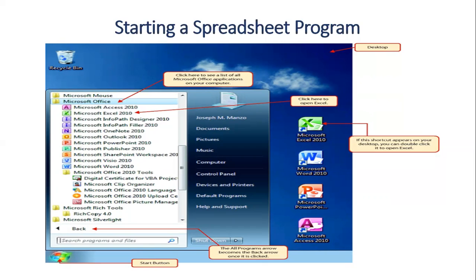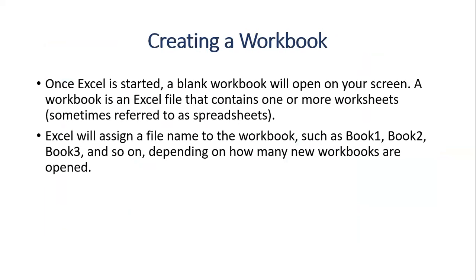Then you click to open Excel. Now, if a shortcut appears on your desktop, you can double click it to open MS Excel from your desktop. So that's just a display in Windows 7, but we'll see the activity on how you can do it in Windows 10.